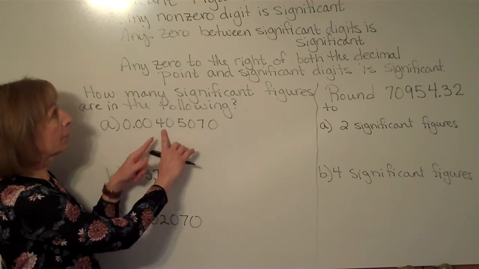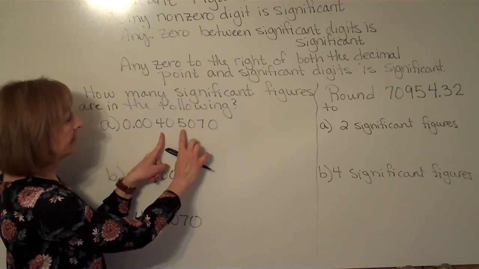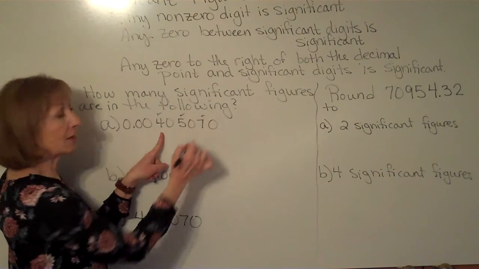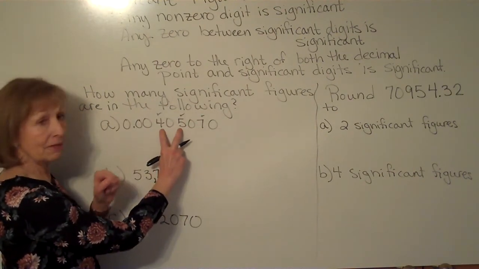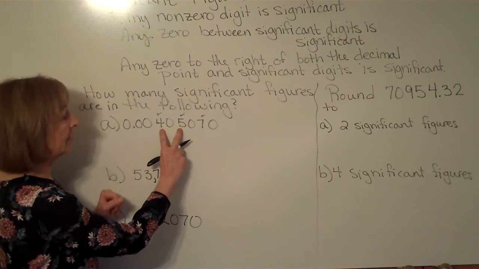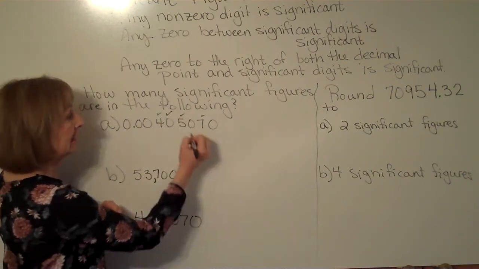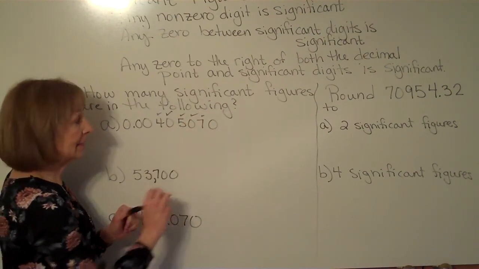Now when I get to 4, 4 is not a 0, so that's considered significant. 5 is considered significant, 7 is considered significant, so we can mark those. The 0 that's between significant figures is significant. So this 0 between the 4 and the 5 is considered significant, and this 0 between the 5 and the 7 is considered significant.